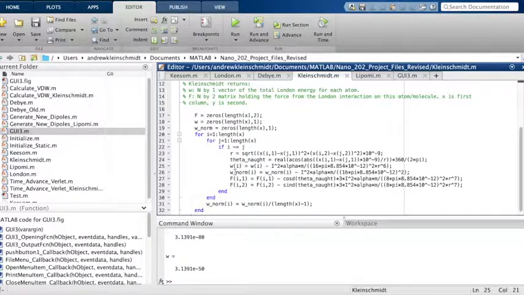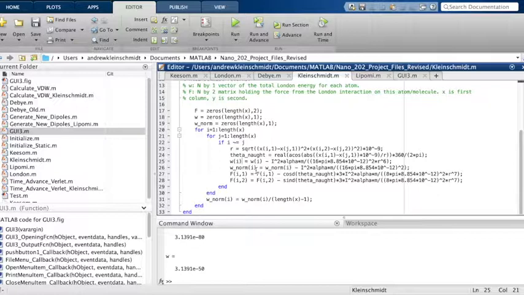Same thing, we've got our normalized W and our I component of it. And Fi1 and Fi2, because this is a multi-dimensional matrix now, again broken down into X and Y components.